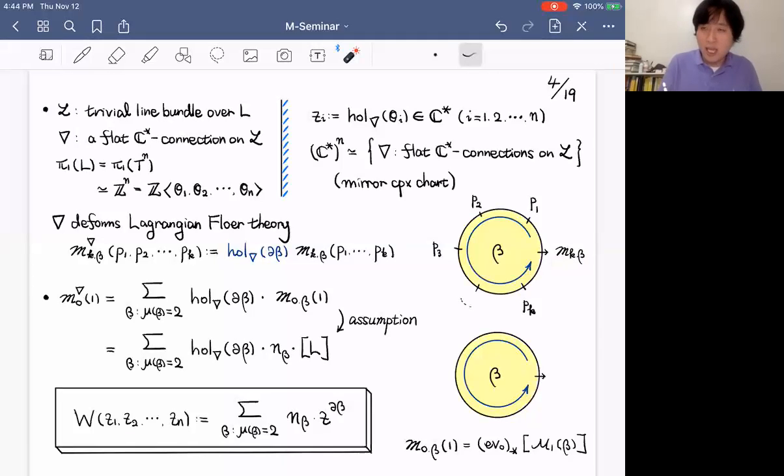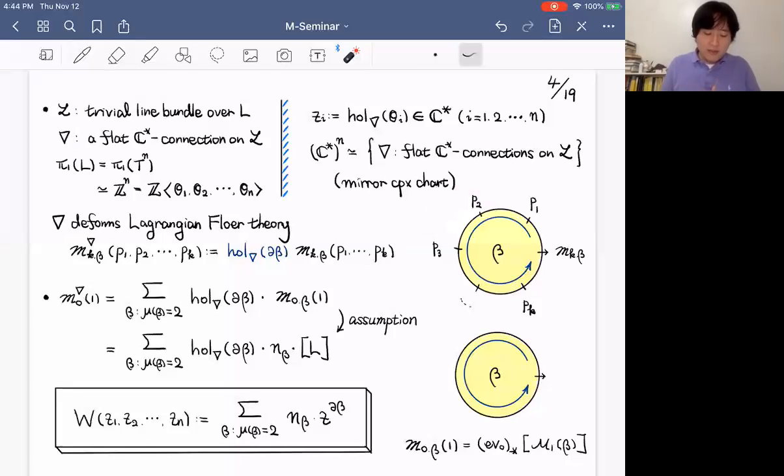So we have a total of k plus one boundary marked points. This is a typical configuration for the k-th structure map of an A infinity algebra. But for the deformation, I will also consider the holonomy coming from the boundary of this disk. So we choose the flat connection, take the holonomy along the boundary, and multiply them. Then we can deform our k-th structure map in this way.